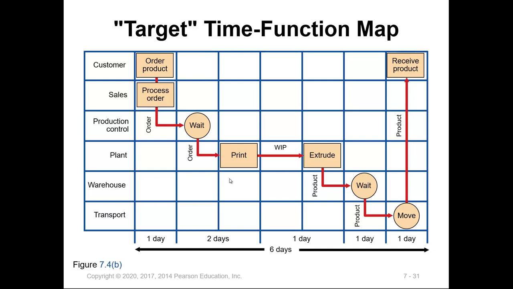Or even if we have waiting, it will be for a few days, fewer than 10, 13, or 15 days. So the time function mapping assisted us to analyze the process and identify the problems that are delaying the production, and provided the recommendation to improve the process. And this is the value of mapping those functions within the company.